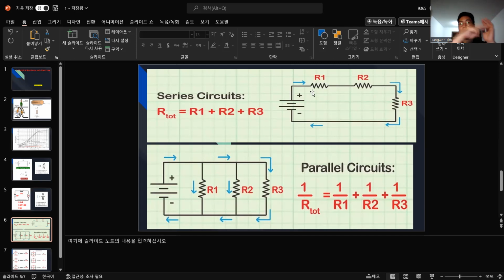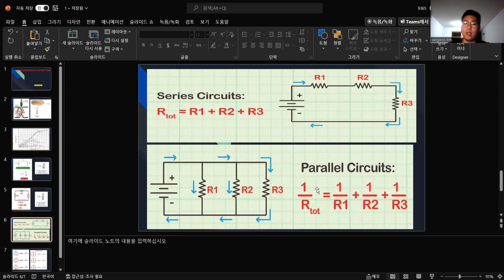Series is connected straight, in one circuit, right? So look, here R1, R2, R3 are connected. For example, if the values are 1, 2, 3, what is the total value? 1 plus 2 plus 3. The total value is 6 ohms in this case.